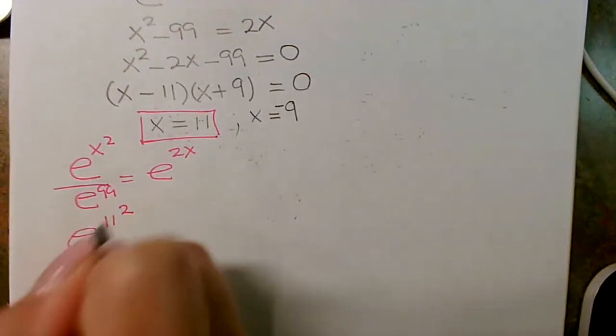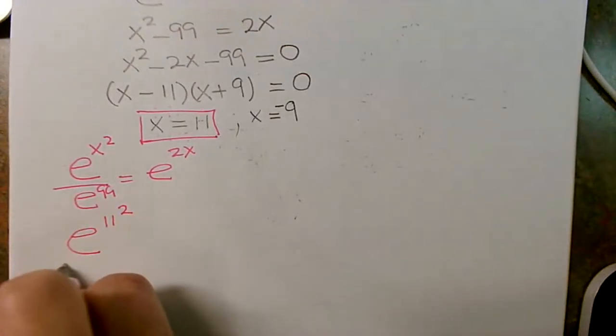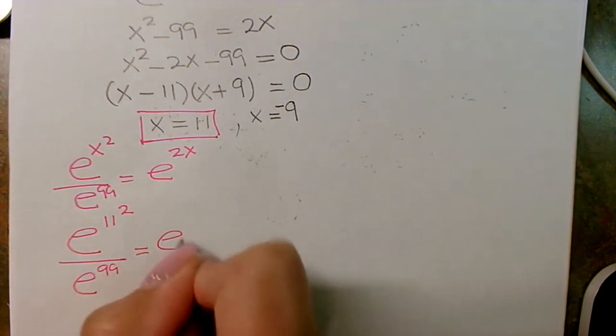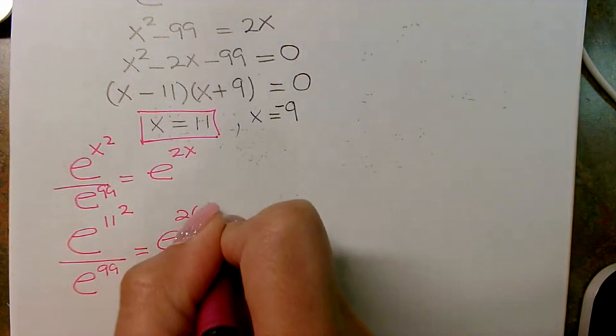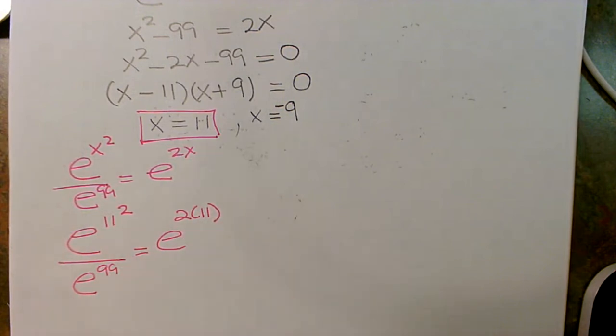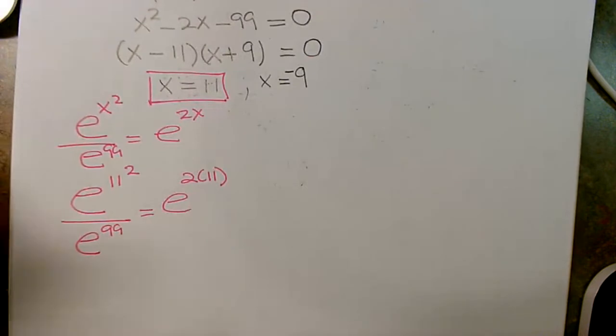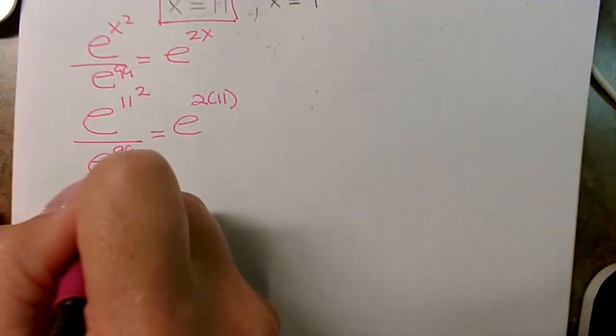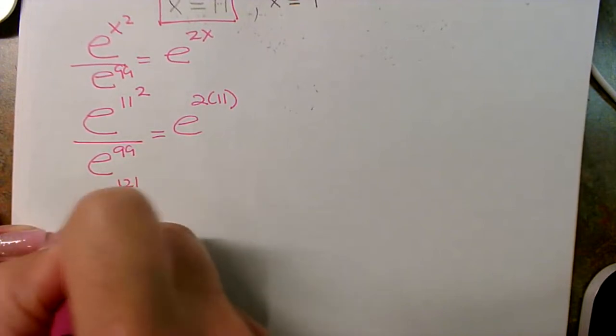So it will be 11 to the second power, and e to the 99 will be 2 times 11. So 11 to the second power, that's going to be 121.